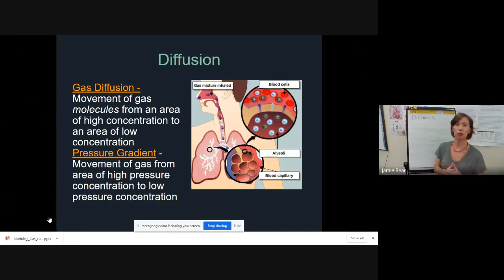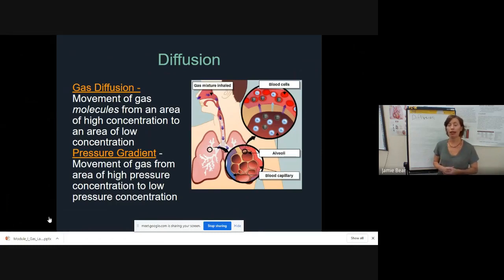If you look here at this picture, we've continued to talk about where the oxygen comes from, and that's the ambient environment. It's those pressure gradients from our respiratory muscles, our diaphragm and our intercostal muscles, that pull that air down into our lungs and expand our alveoli.